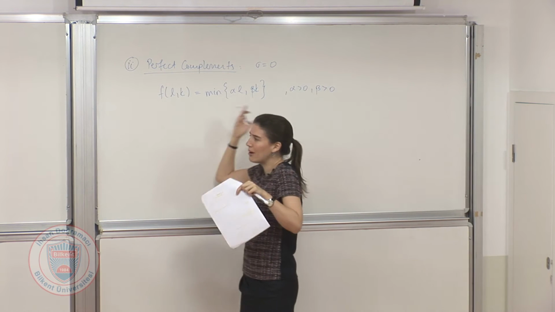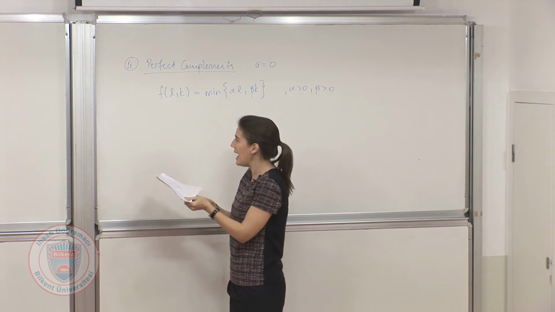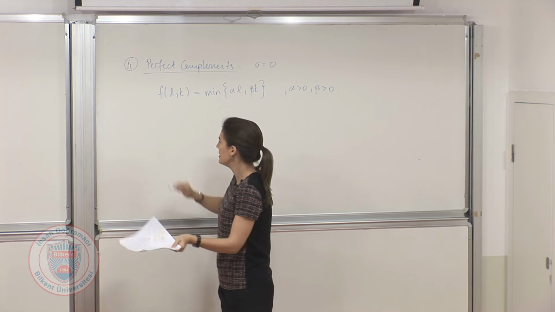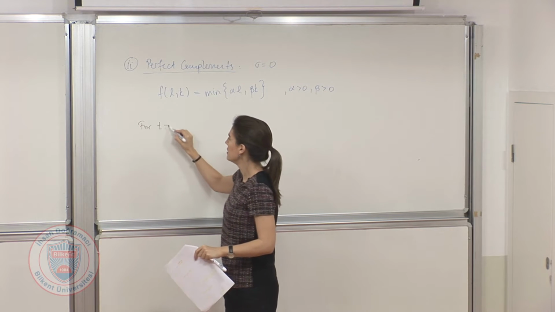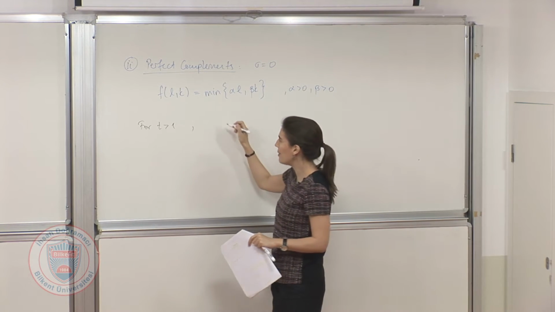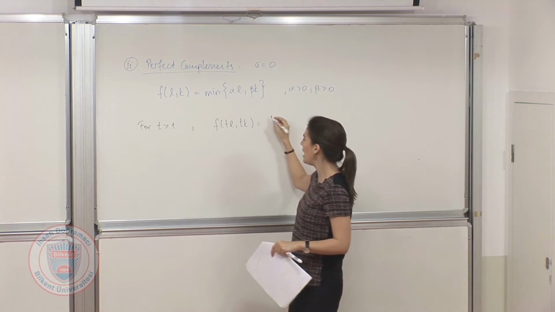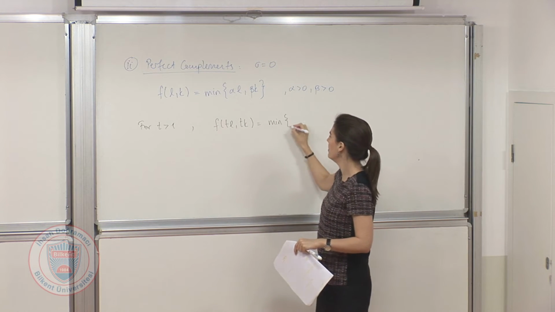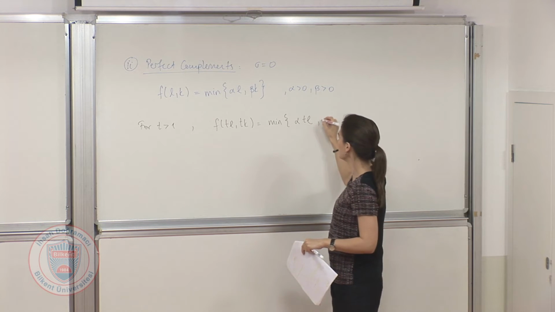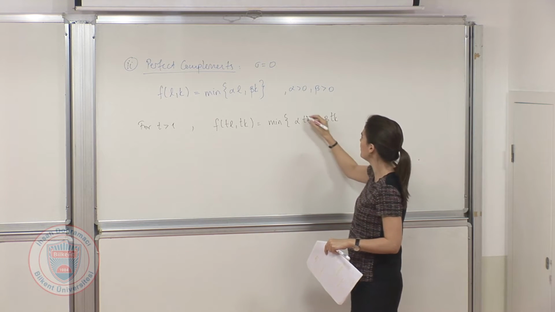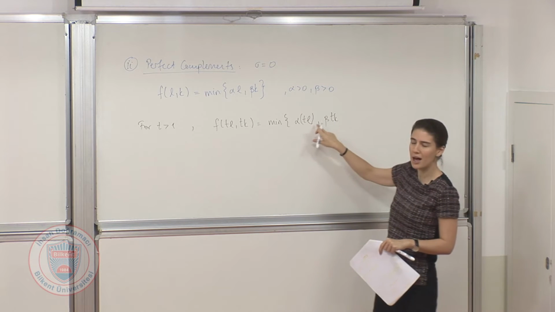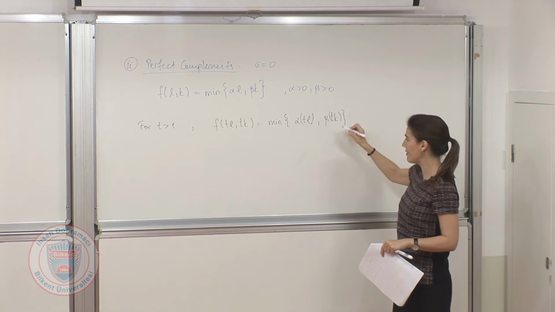Okay, let's check. We don't have to memorize it. Again, for t greater than 1, we check f of tL, tK, which is the minimum of alpha tL, beta tK. Whenever I see L, I write tL, and whenever I see K, I write tK.